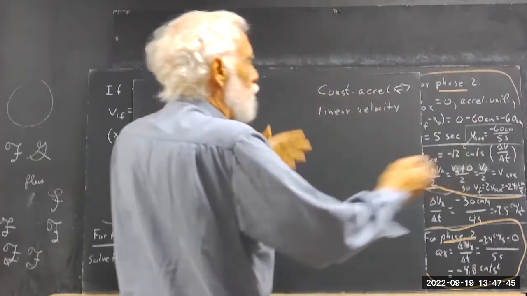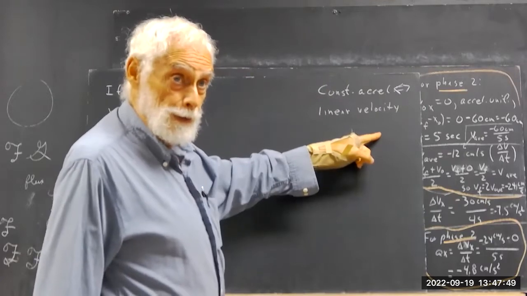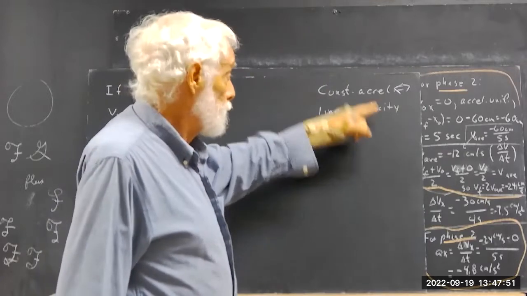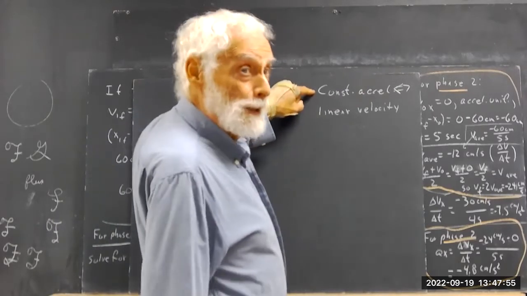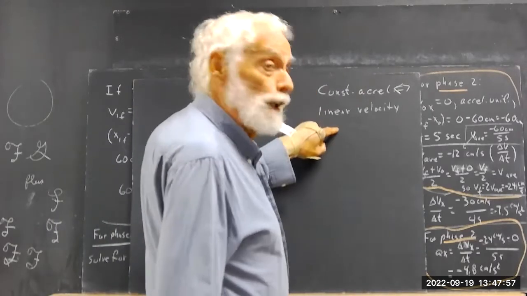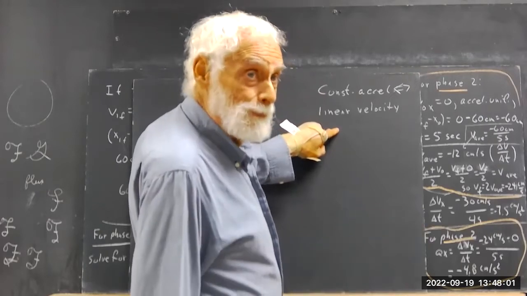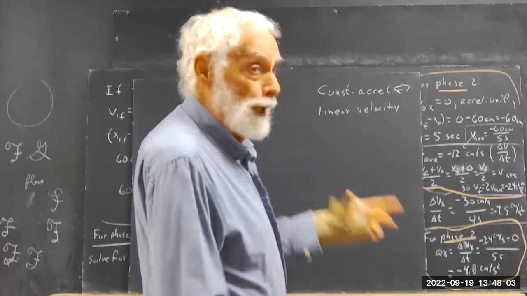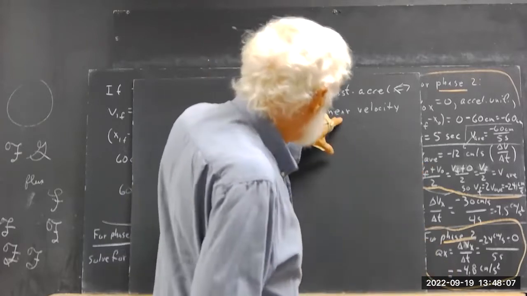This is an if and only if sign. Constant acceleration implies linear velocity, and linear velocity implies constant acceleration. If you integrate a constant acceleration, you're going to get a linear velocity, at plus v naught. Integrate a, you get at plus a constant. That constant should be v naught. Linear velocity.